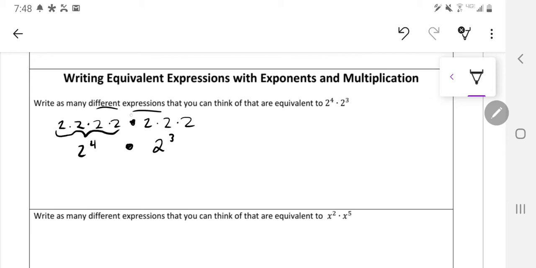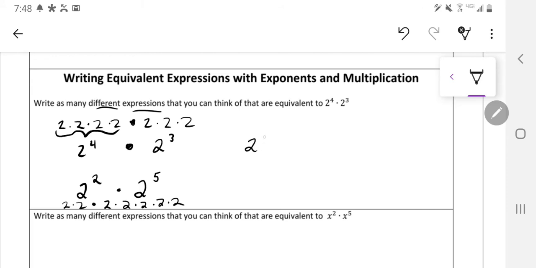All right? How about this one? This will be tricky. What if we group those 2's a little differently? What if we said 2 to the 2nd times 2 to the 5th? Well, that would be 2 times 2 times 2 times 2 times 2 times 2 times 2. All right, is that the same thing? Sure, it still gives us 7 2's, or the 2 is going to be used as a factor 7 total times. All right, so that would give us the same answer. And there are so many different ways you could do it.